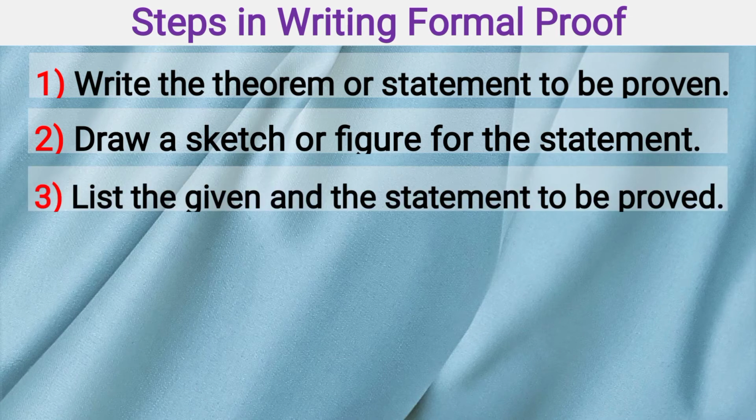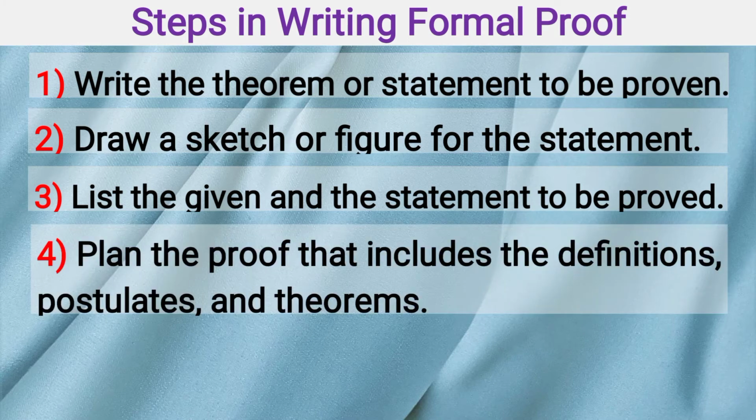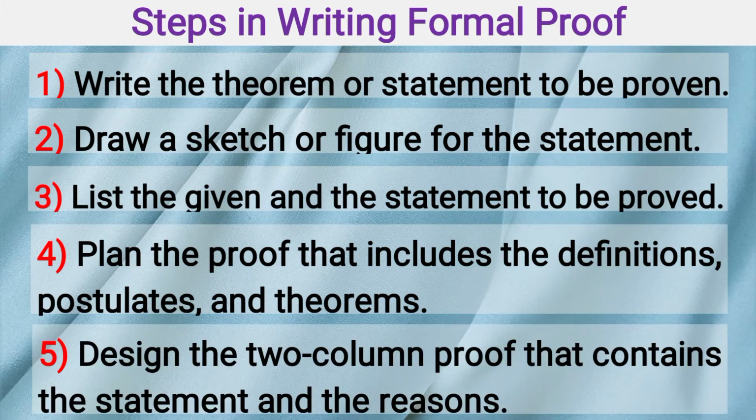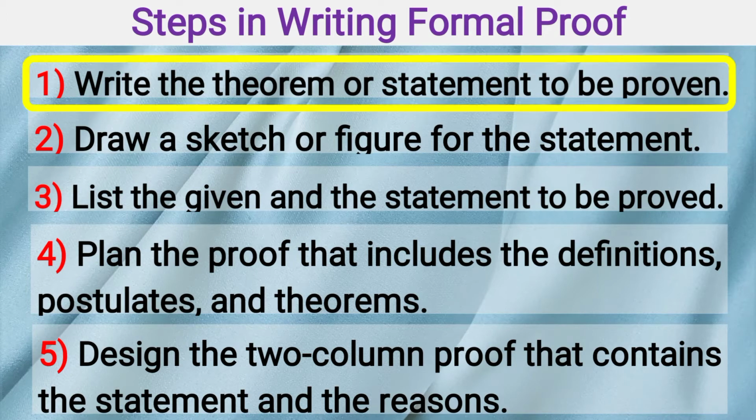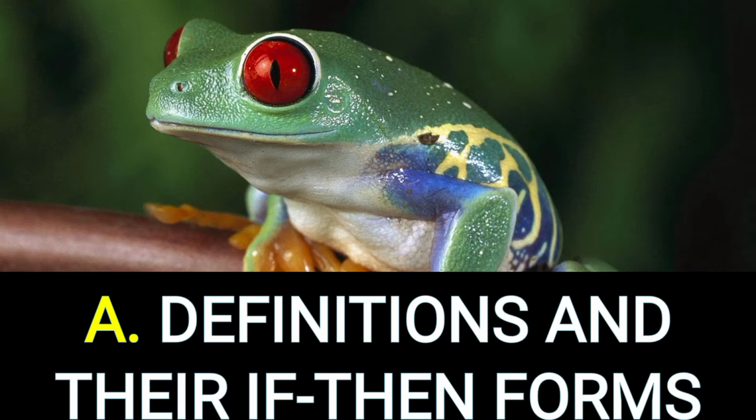Step 3, list the given and the statement to be proved. Step 4, plan the proof that includes the definitions, postulates, and theorems. Step 5, design the two-column proof that contains the statements and the reasons. Let's start with step 1. Definitions and their if-then forms.